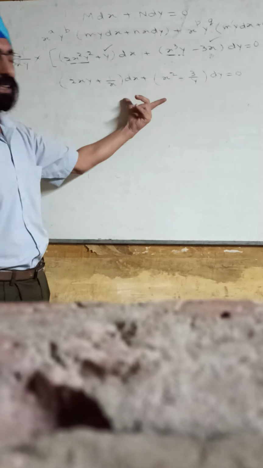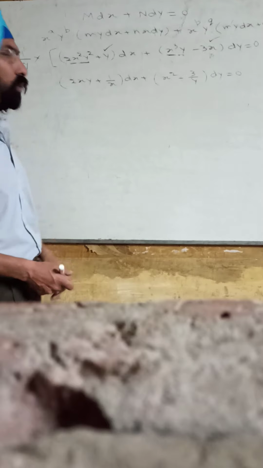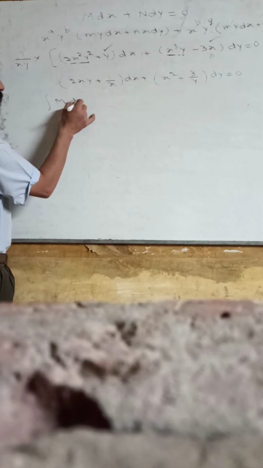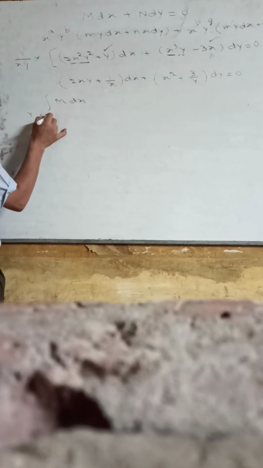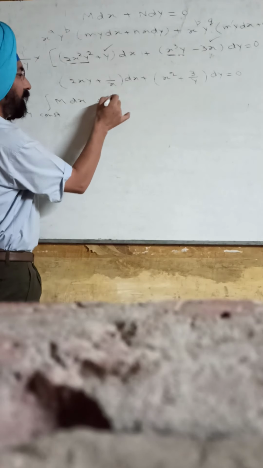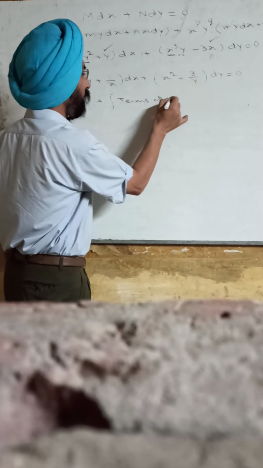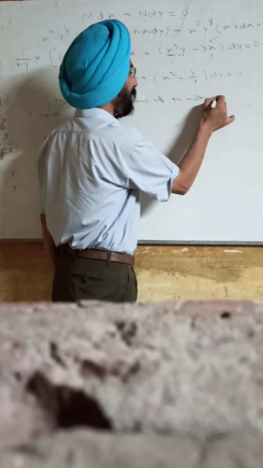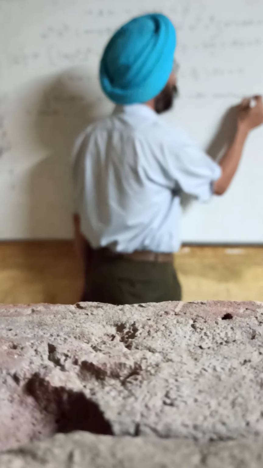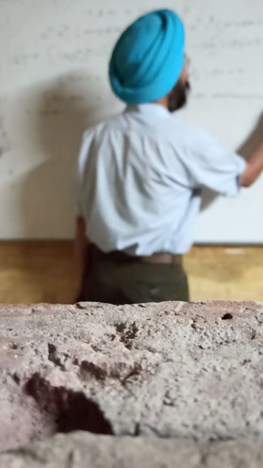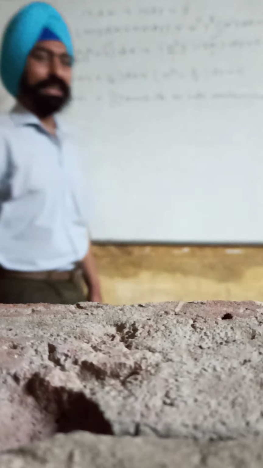And since the equation is now exact, the solution will be integral of m dx, treating y as a constant, plus integral of terms of n not containing x dy is equal to the constant of integration.